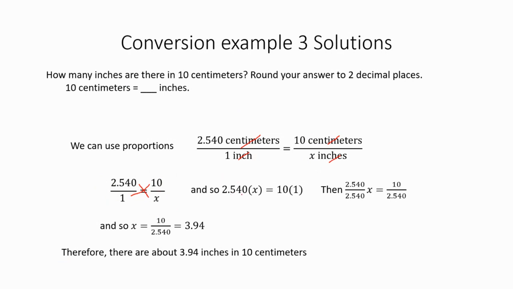On the left, we have this product, 2.540 times x. On the right, we have 10 times 1, which is 10. Then we divide, because we want to get x, our unknown, and we get x equals this quotient. That is what we're left with.